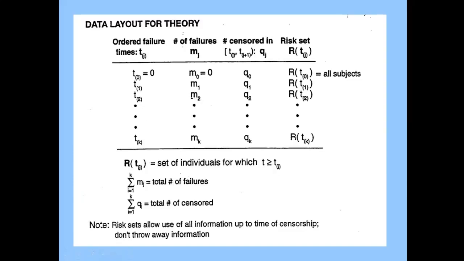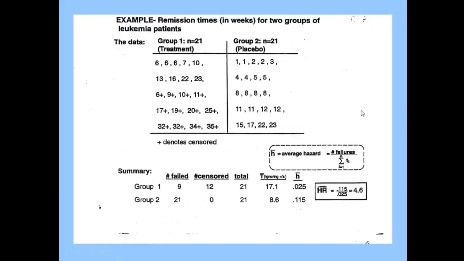So if I actually go to the next slide and I'm just looking at group 1, what's the earliest time that somebody in group 1 failed? 6. What's the earliest time that somebody in group 2 failed? What's the next earliest time for group 2? What's the next earliest time for group 1?